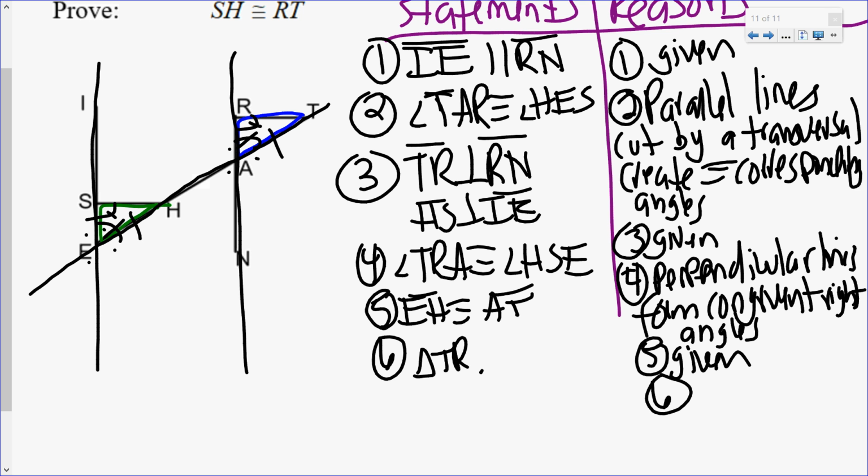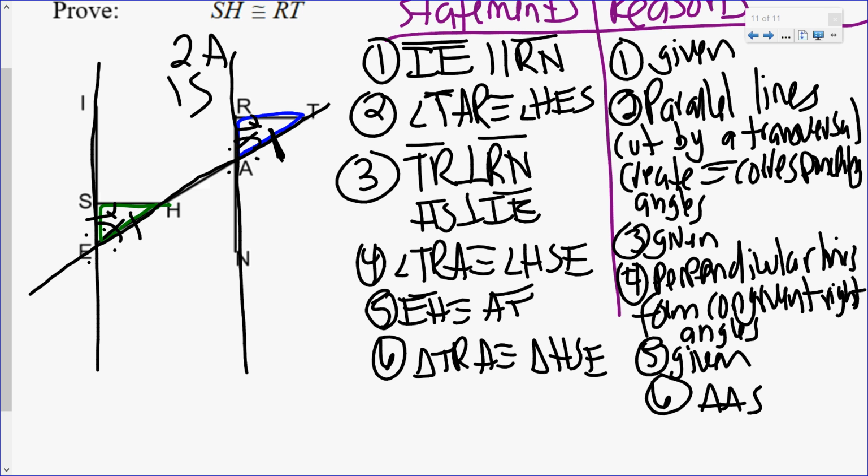Triangle TRA is congruent to triangle HSC. What's the reason? I see 2 angles and 1 side. The side that's marked is not the side that's between the 2 angles. So that's AAS.